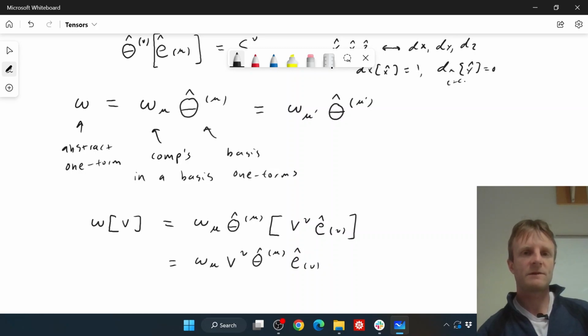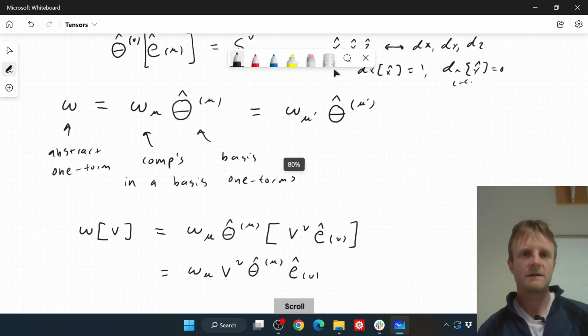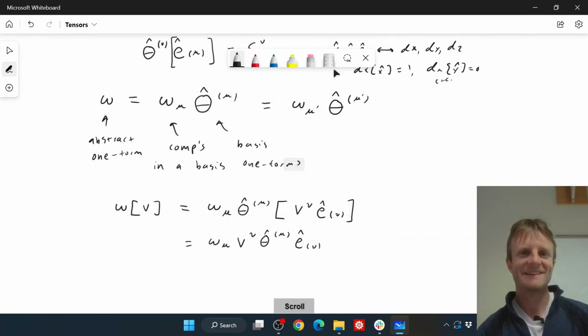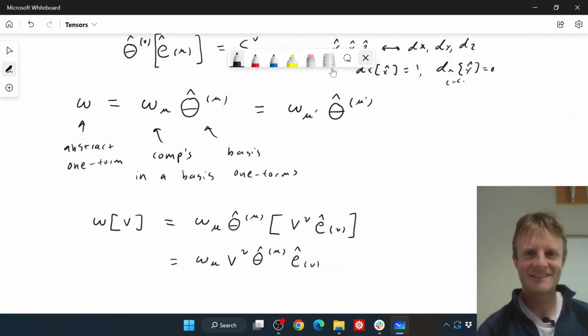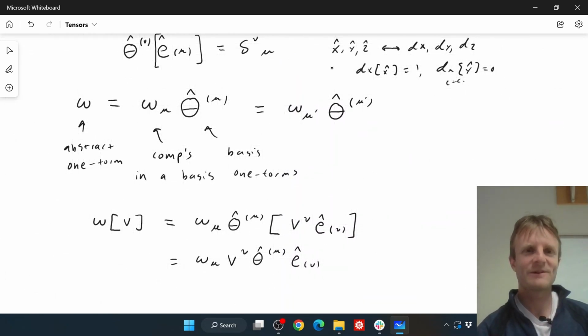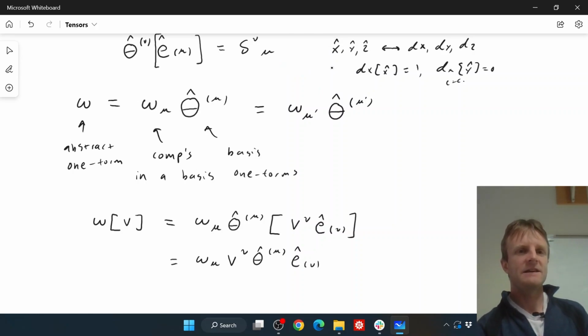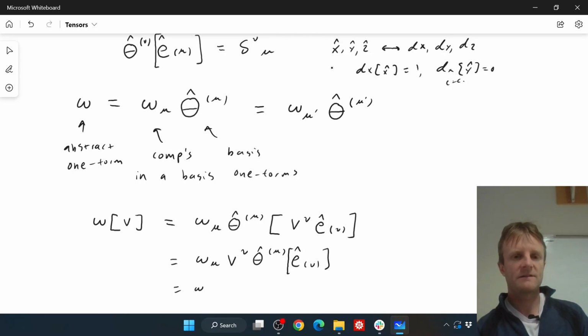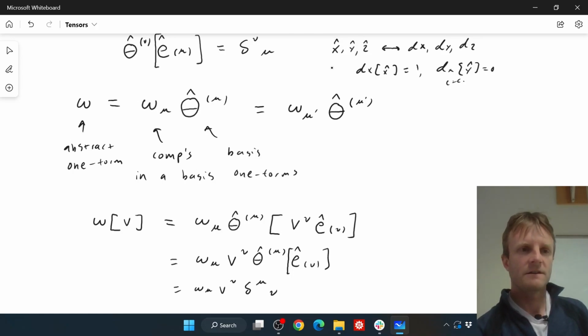And now I can use my formula up here that you can't see because of this. I'll close that temporarily. Here we go. This formula here is exactly what we need. It tells us, I should have written the brackets for acting on, it tells us exactly what this thing is, omega mu v nu. It's delta mu nu by star.